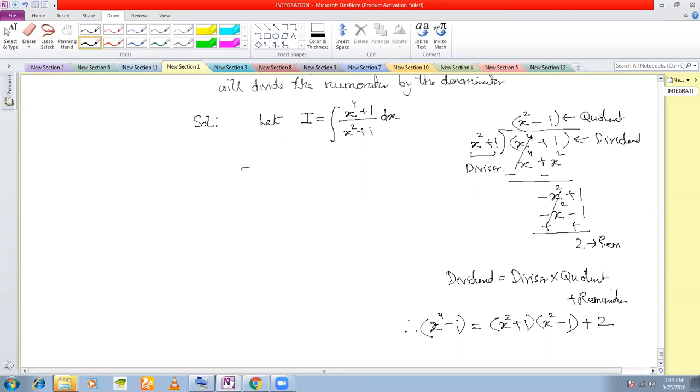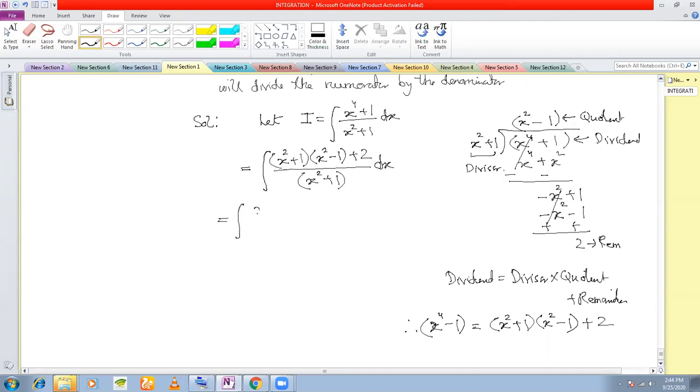So from here, in the integration, I write x to the power of 4 plus 1 as (x square plus 1)(x square minus 1) plus 2, all by x square plus 1, dx. Now I separate.